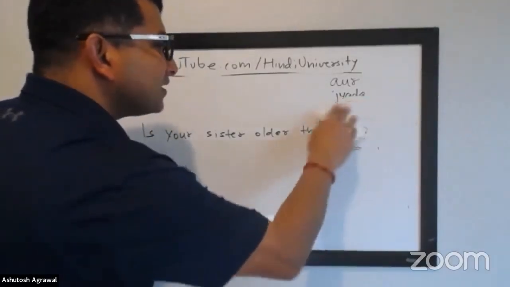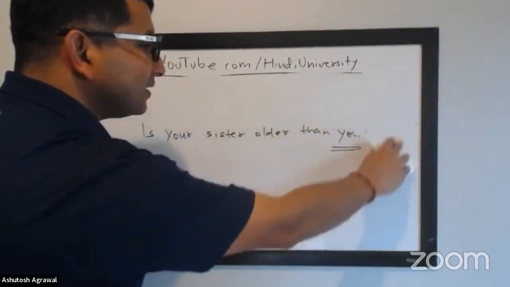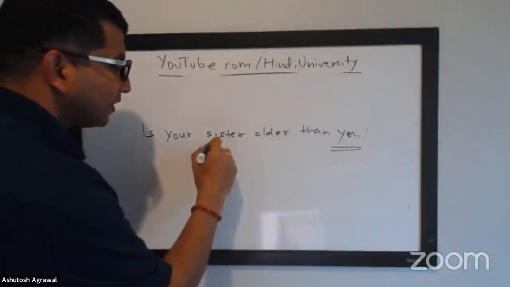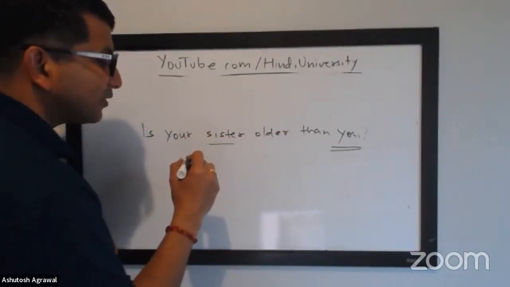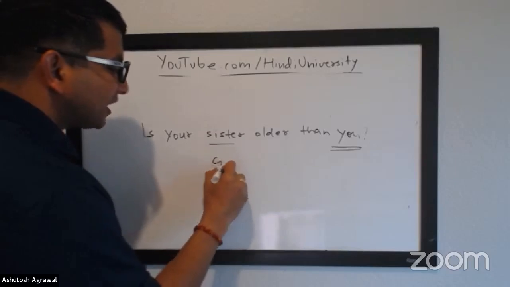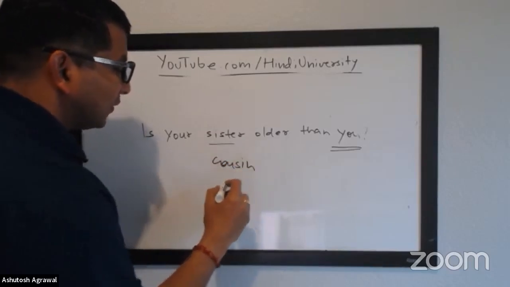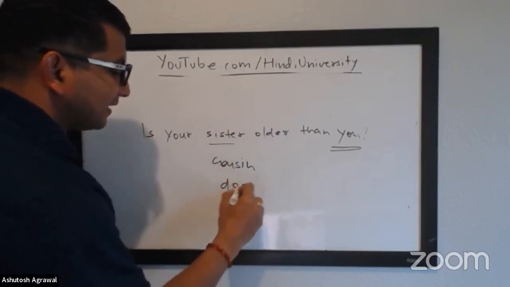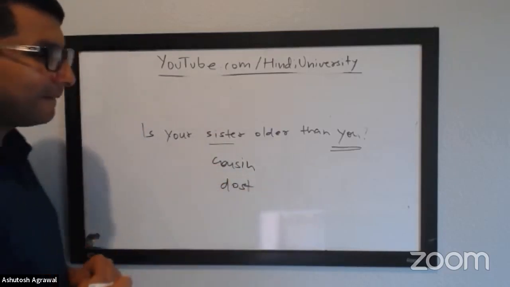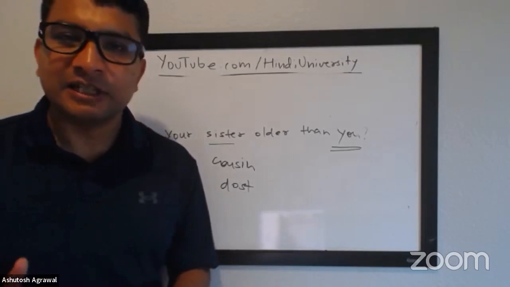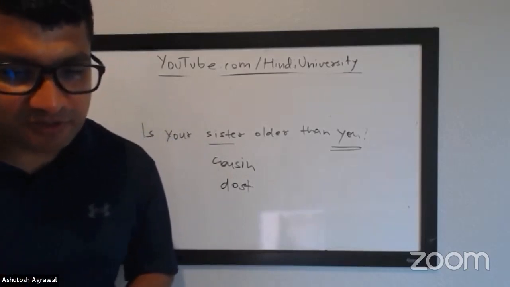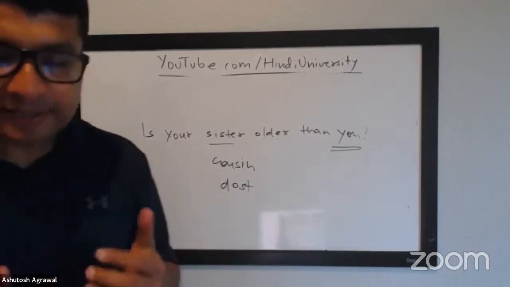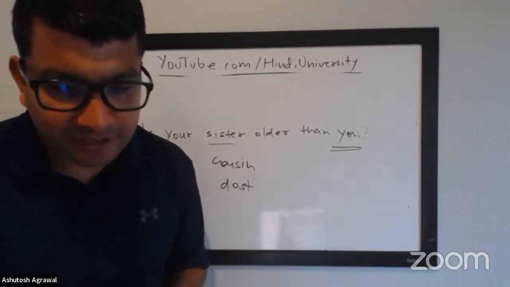You can use brother, sister, anyone, and if you are single, in terms of your own sibling, you can use cousin, or any other like dost, friend. And then you will twist the sentence a little bit so it fits your situation, everyone. And then you can either write it in the Zoom chat or you can share it.